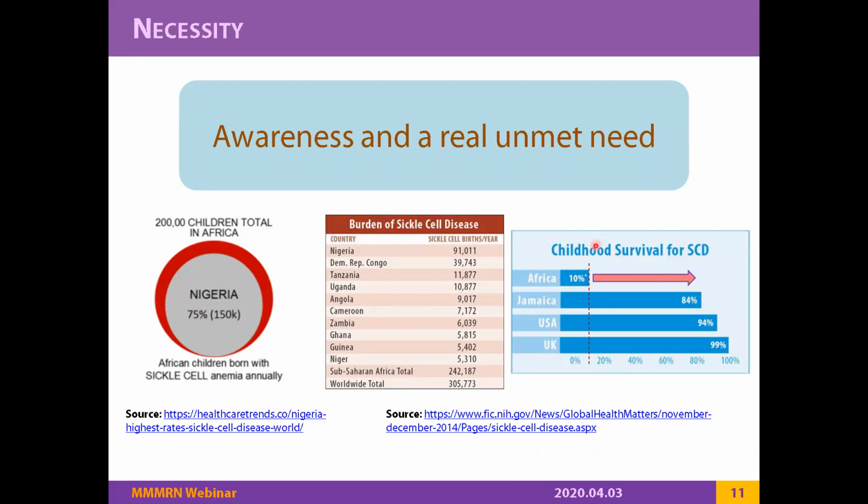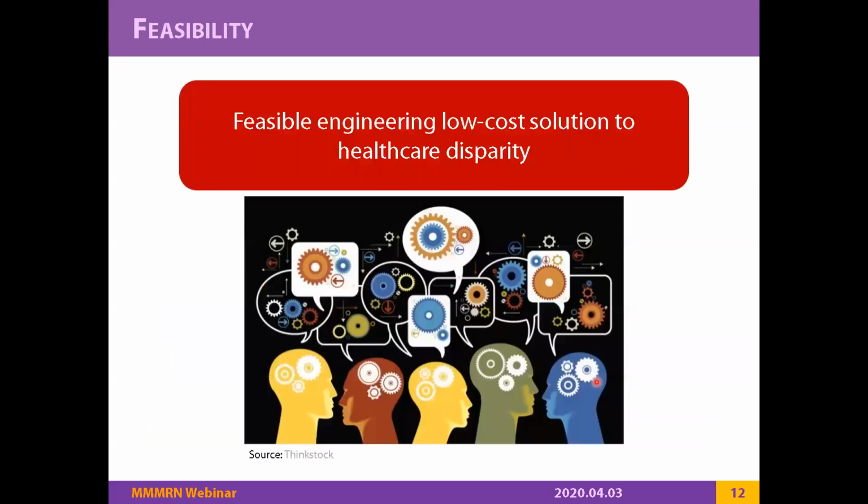If you look here, there is a huge number of children born with this hemoglobin disorder, and the life expectancy for a person with sickle cell disease in Africa is compared to other countries. Even in Jamaica it's much higher than Africa, and in the US and UK it's very high. So we see there is a disparity in healthcare between first world countries and underdeveloped and developing countries. And why is that? We're going to talk about that as well.